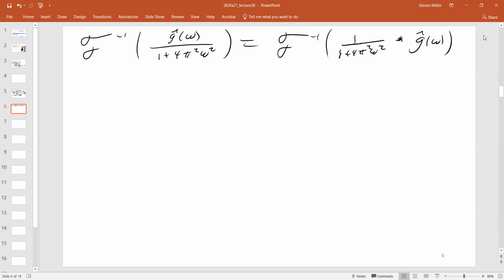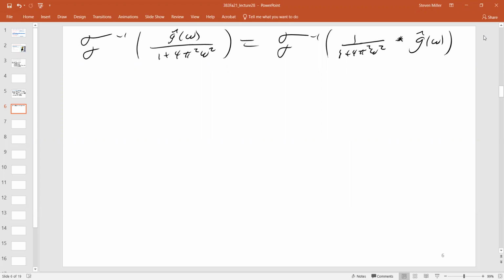When you see g hat of omega, what should you be thinking of? What function is lurking in the background when you hear g hat of omega? I'm sorry? G, right? Is there any value of omega that's really nice to look at this? 0.